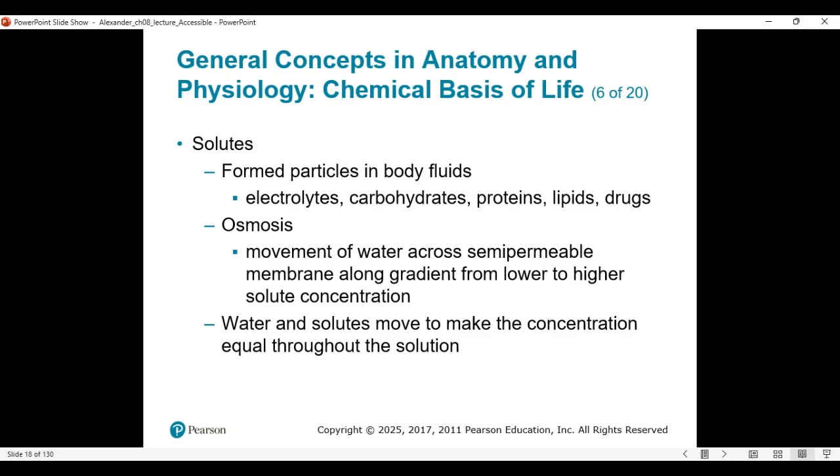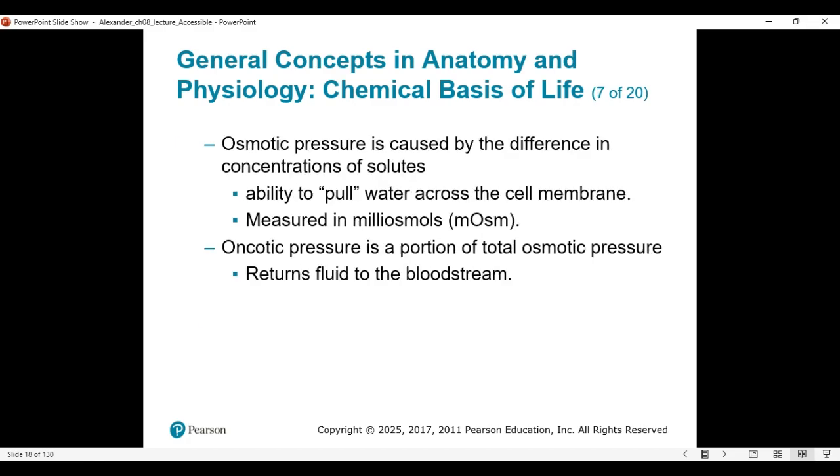And they will move to equal out, or the homeostasis, right? So water is going to move to equal itself out throughout the solution. This movement will cause osmotic pressure, and this is what is able to pull the water into the cells. It's measured in milliosmoles.